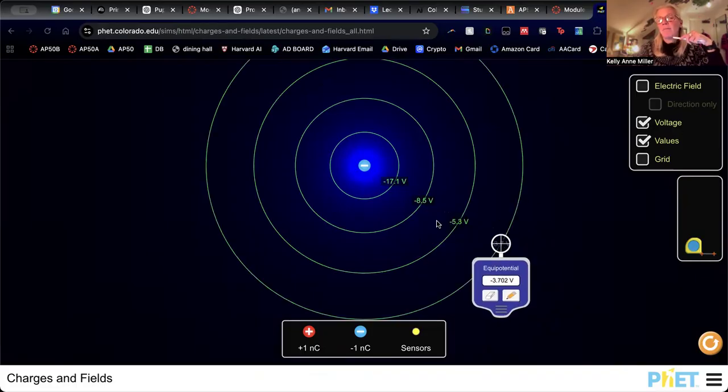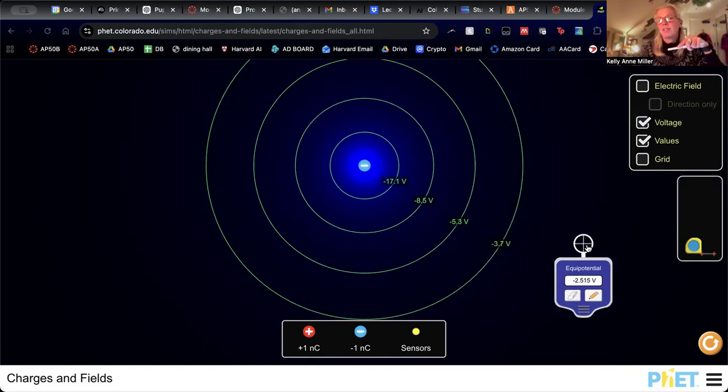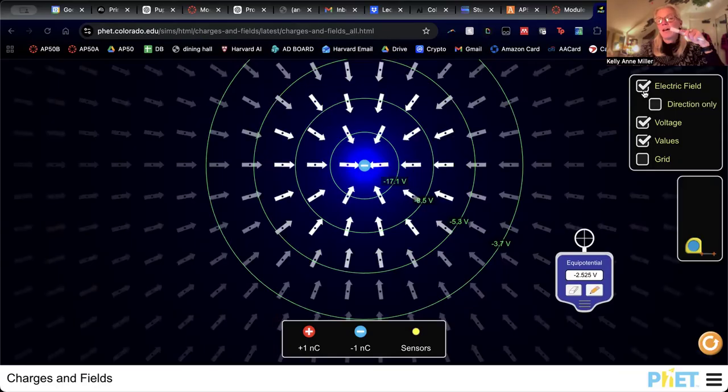It's the same kind of 1/r drop off, but with negative values now. And then I put the electric field. Here you can see our rule of the electric field lines going from high potential to low potential is still honored, because the electric field, which are these fat arrows, are pointing from areas of relative high potential to areas of relative low potential.